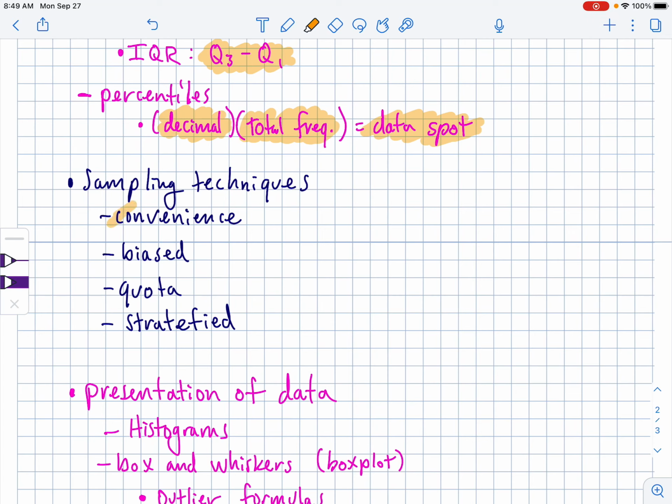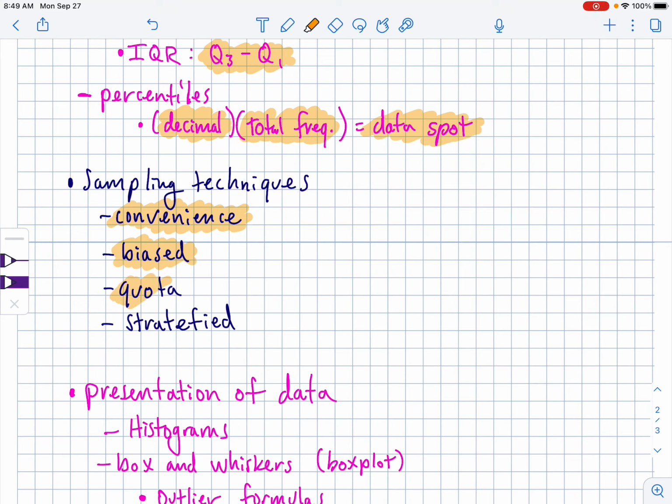We did talk one day about sampling techniques. There's convenience. Remember, that would be like asking all your friends in the school a certain question, gathering statistics from them. Bias would be like, I'm going to ask people about what type of shoes they prefer, but I'm only going to talk to people with sandals or something like that.